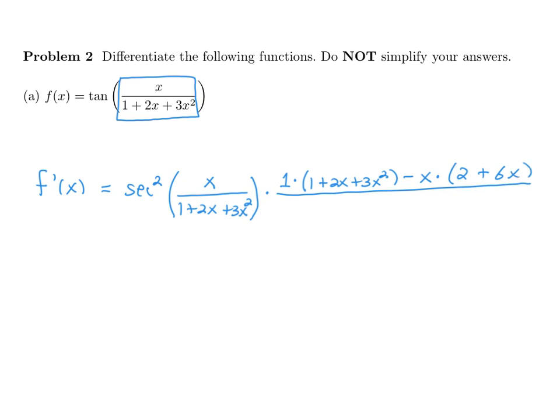This is all divided by the denominator squared, and I don't do anything to the denominator. I just simply copy it down. 1 plus 2x plus 3x squared. Unsimplified, this is the answer for the derivative of f. I'll note that we used the chain rule, and that's because we had a composition of functions. The other rule that we used here was the quotient rule.